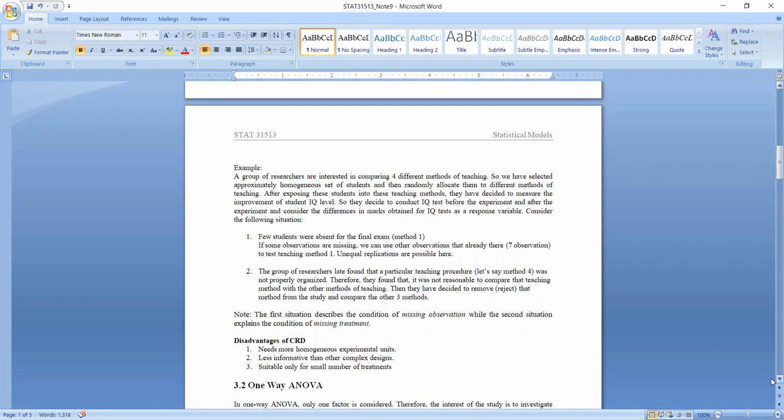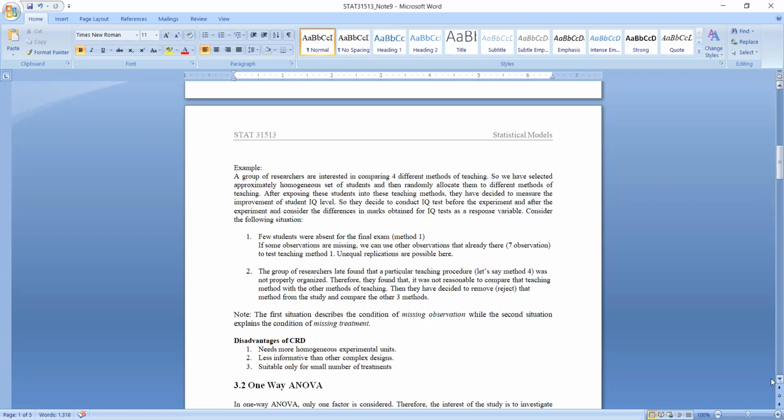And then again, let's say there is another situation. If you look at point 2, it says the group of researchers later found that a particular teaching procedure, let's say method 4, was not properly organized. Therefore, they found that it was not reasonable to compare that teaching method with the other methods of teaching. So in this particular example, we have 4 different teaching methods.